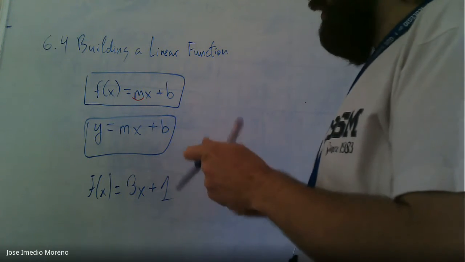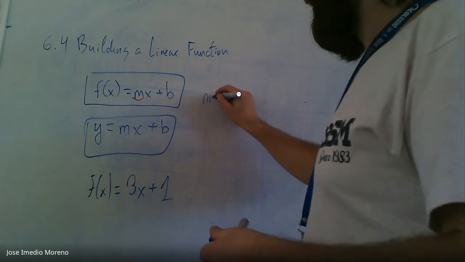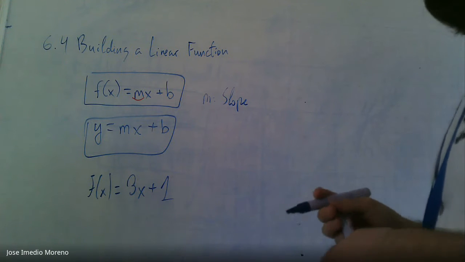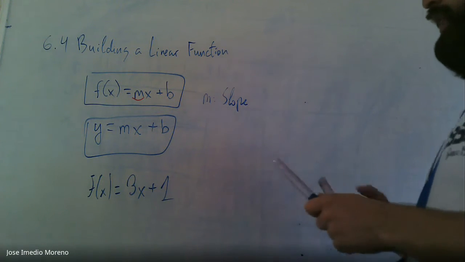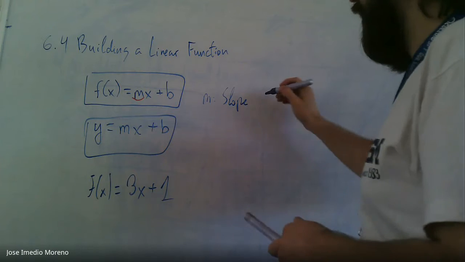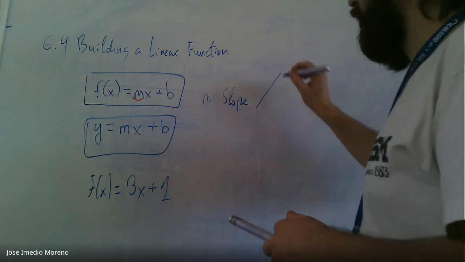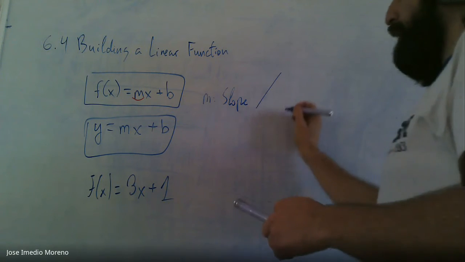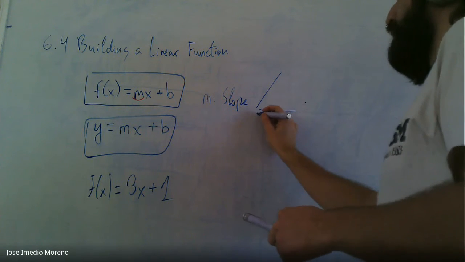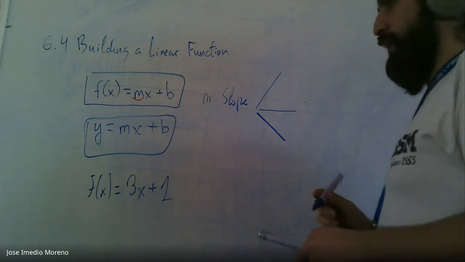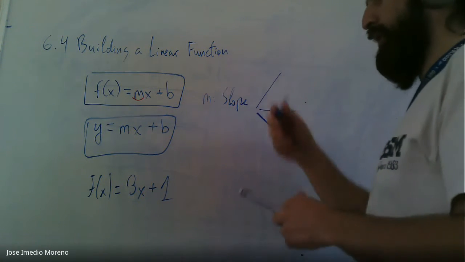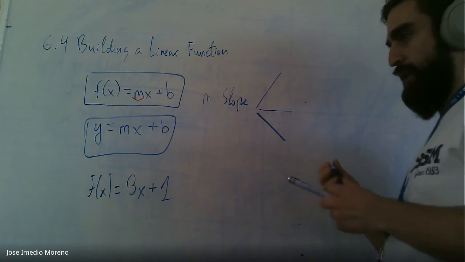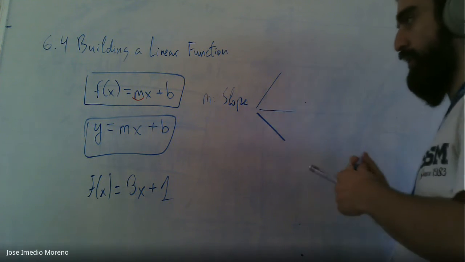This m is what we call the slope, pendiente in Spanish. And that determines how steep my straight line is. It can be very steep, it can be flat, it can be going down. It can have different orientation. So the slope determines how steep it is, and its orientation.